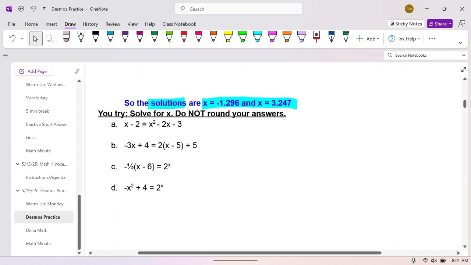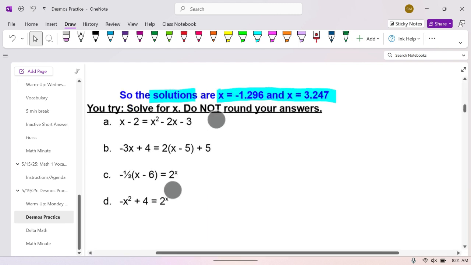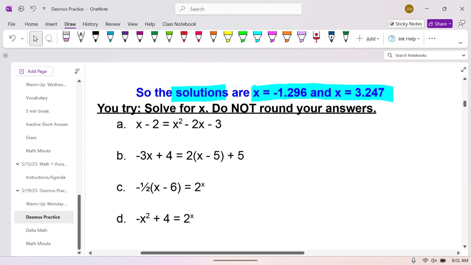Now, I'm going to show you how to do one of these as an example, and then the other 3 I'm going to let you guys try out. All right? So let's do letter A together. So first things first, using my equal sign as a guide, I'm going to create the system of equations.